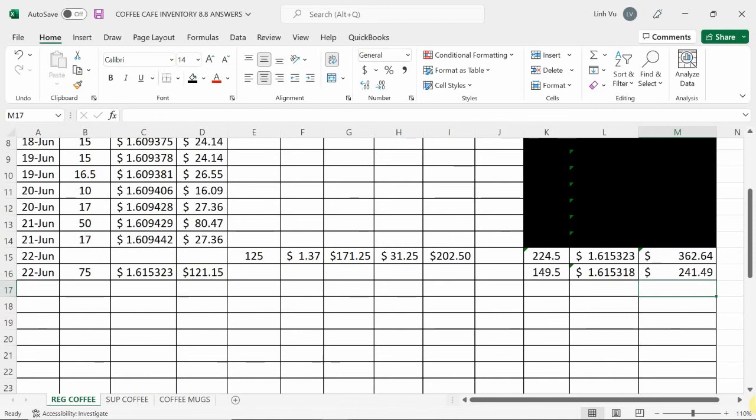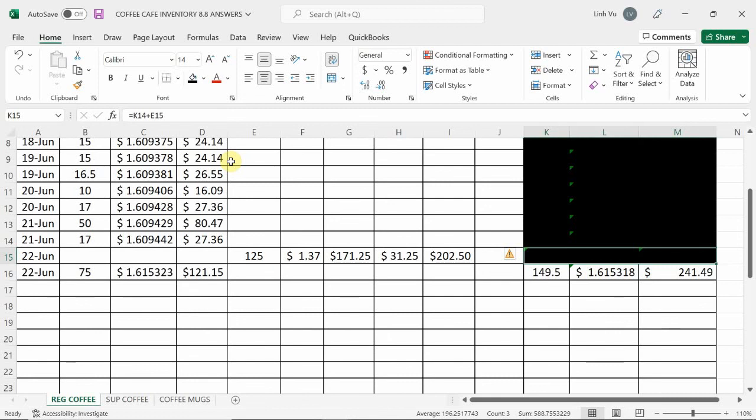Okay, good. Which will give you a cost per item. It dropped. It went from 1.615318. Okay, good.